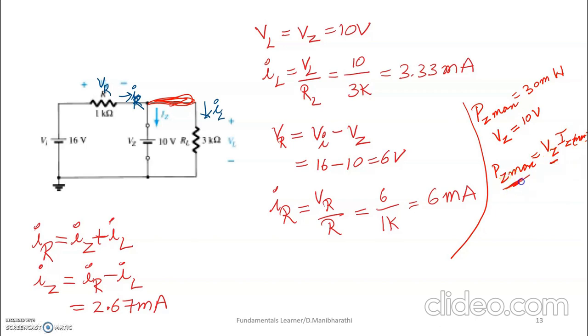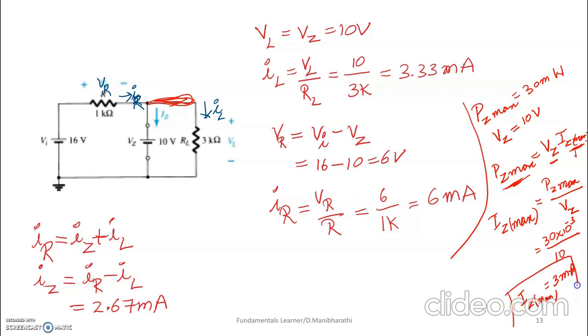To get the maximum power, this current should be maximum. So I can find IZ maximum, the maximum current that the Zener diode can withstand. IZ maximum is power maximum by VZ. Power maximum is 30 milliwatt divided by 10, so it is 3 milliampere. 3 milliampere is the maximum current that can flow through the Zener diode.